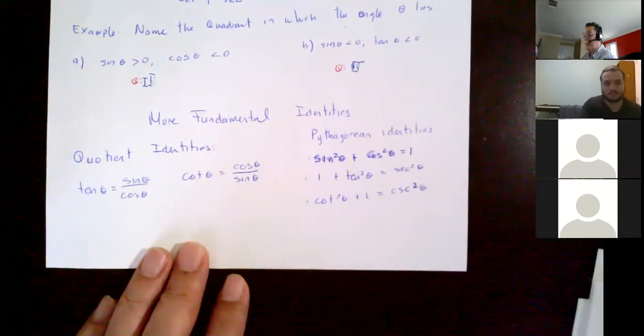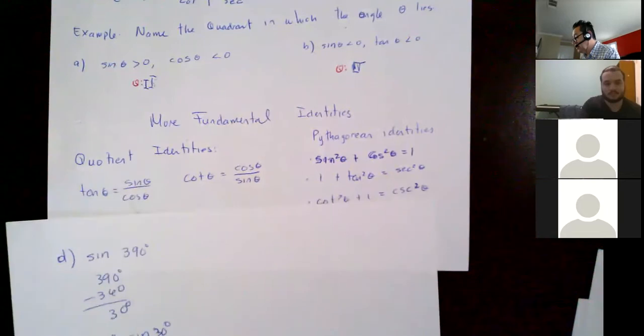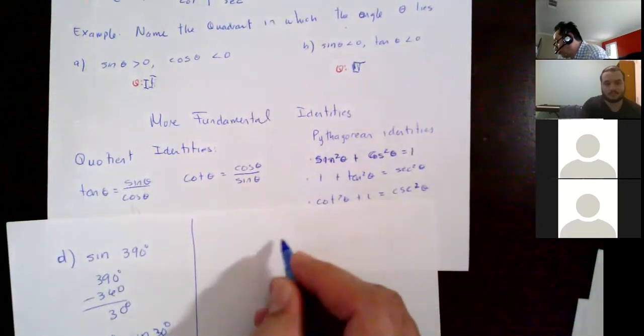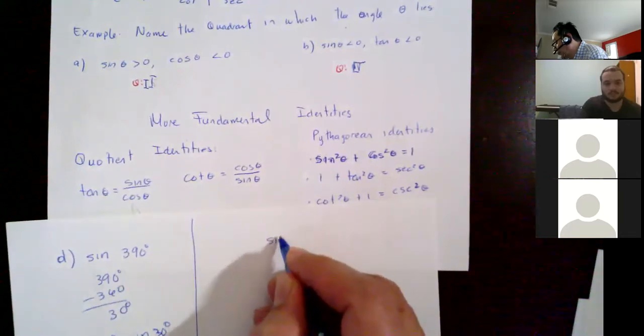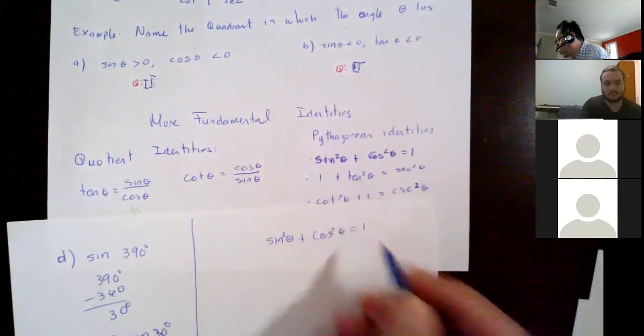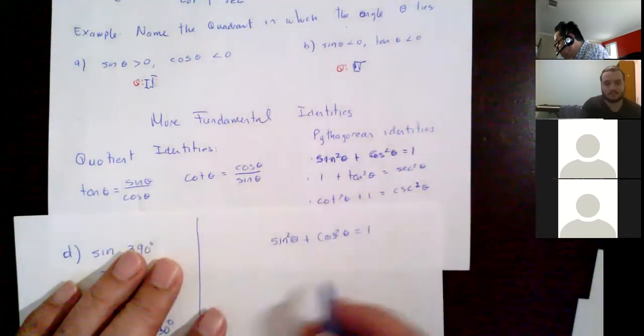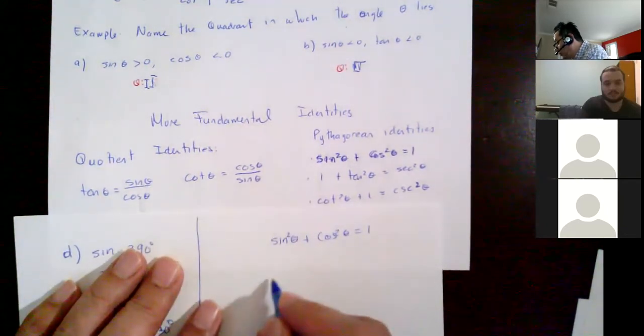Let me show you right here, you guys. If you remember the first identity, sine squared of theta plus cosine squared of theta equals 1, you can get the other two, and I'm going to show you how.